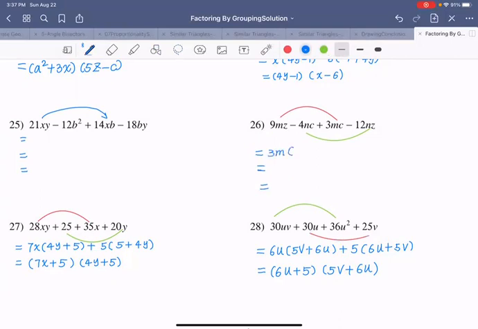Next, so it's 3z plus 1c, c, 1c. And then minus 4m. Yes, very good.